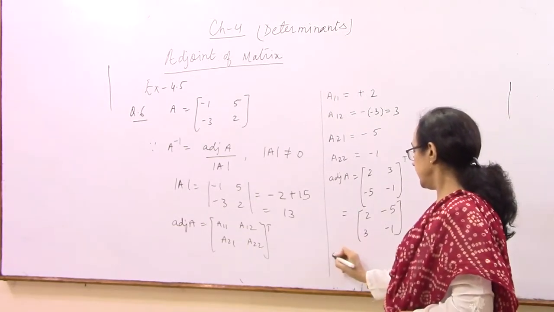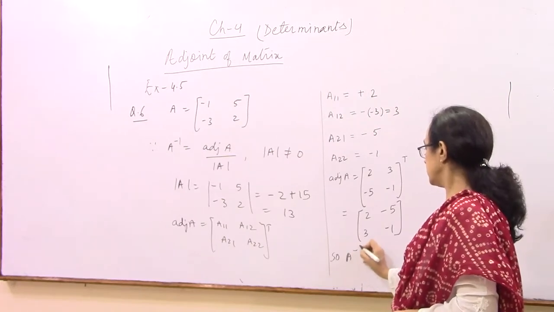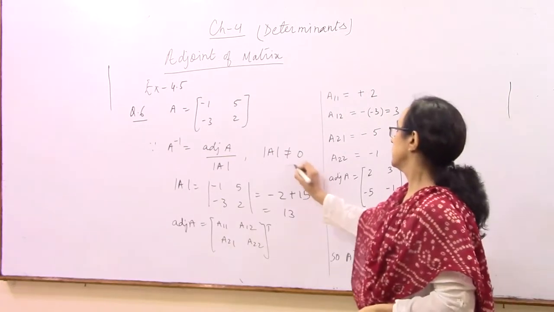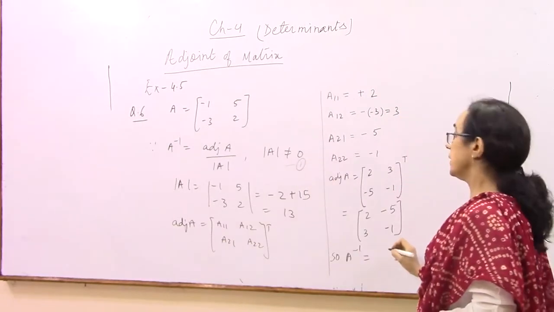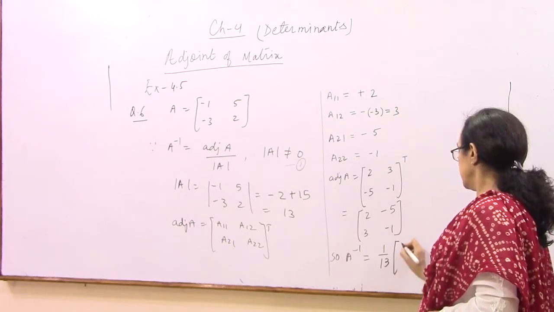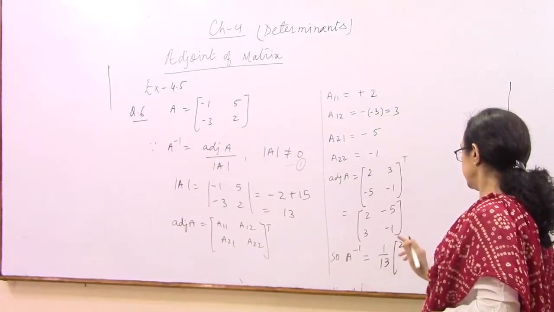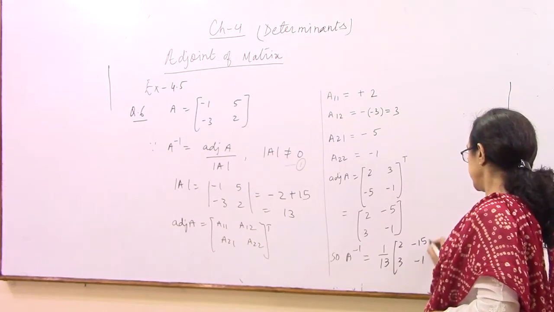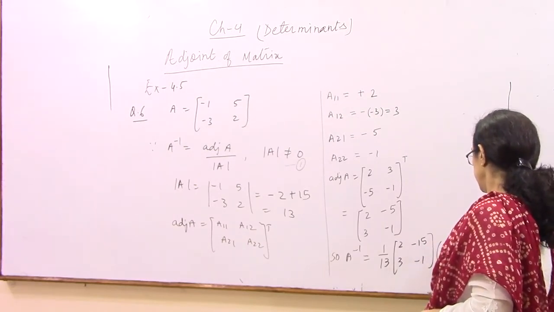So A inverse equal to 1 by 13, 2, -15, 3, -1.